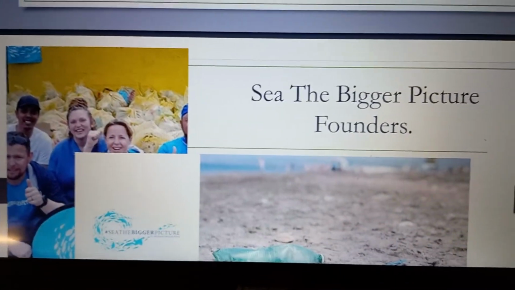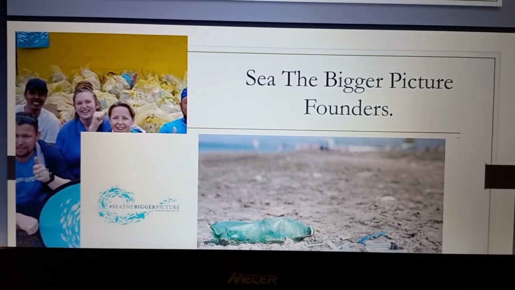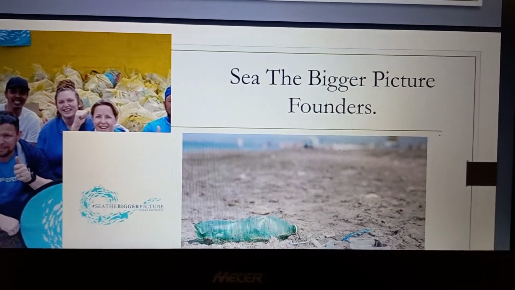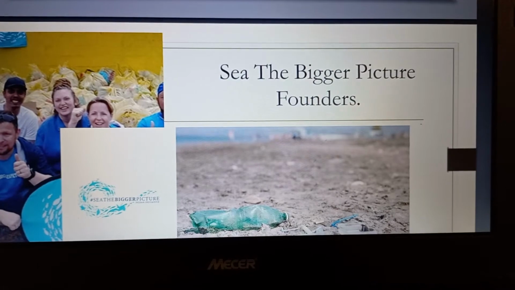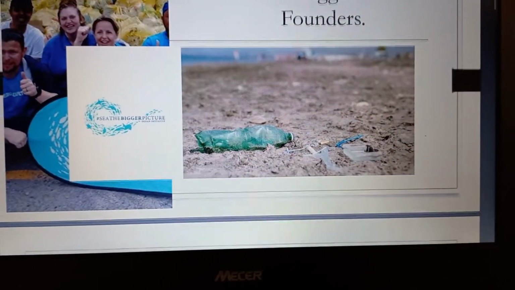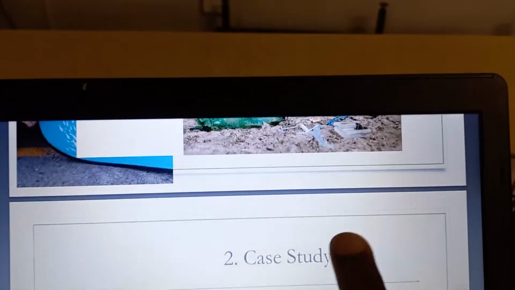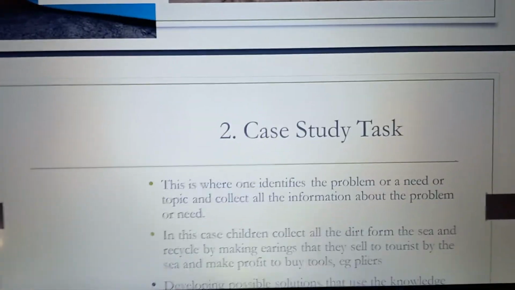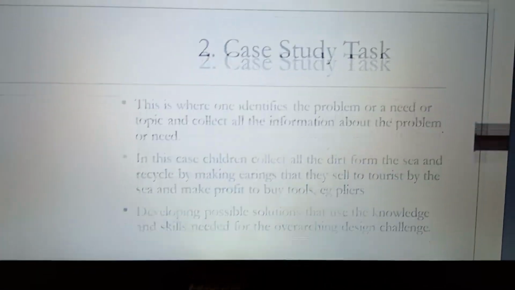So this is the picture of him and the people and the founders. So this is the Bigger Picture founders, and when you look at there, you will see the picture of the problem that they're experiencing every day.